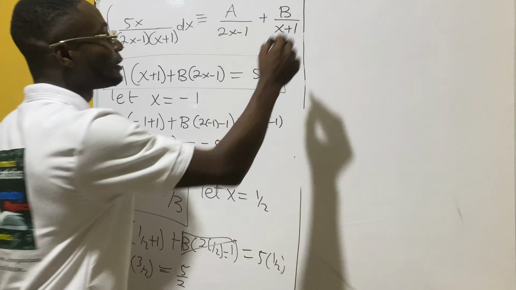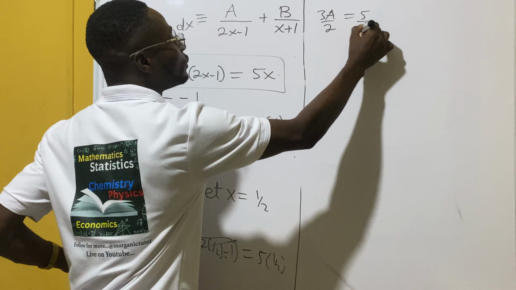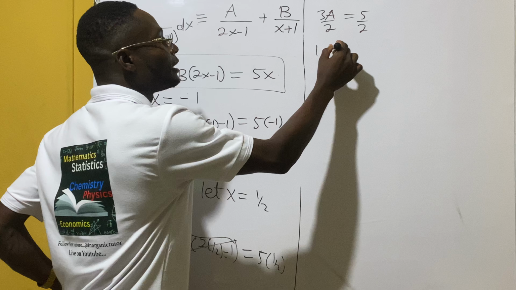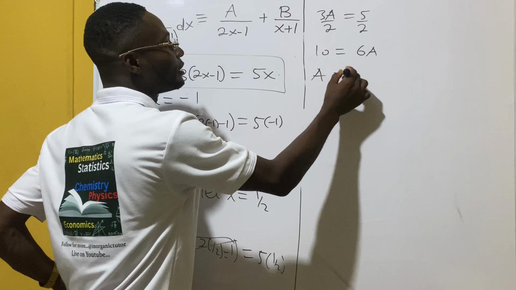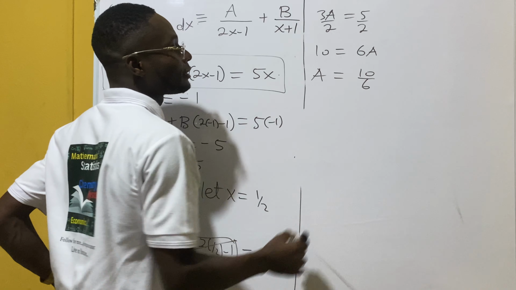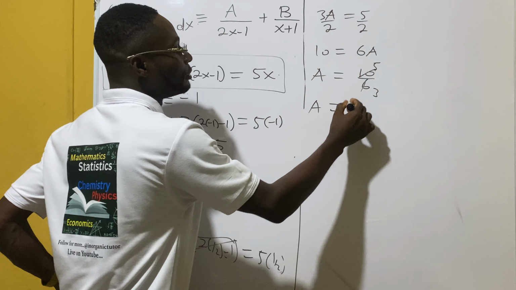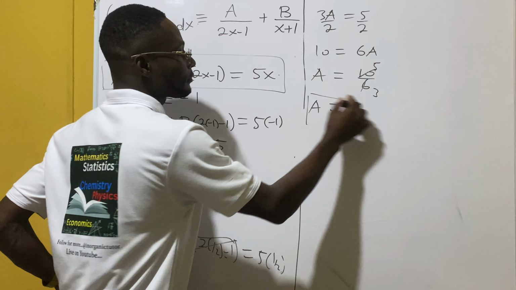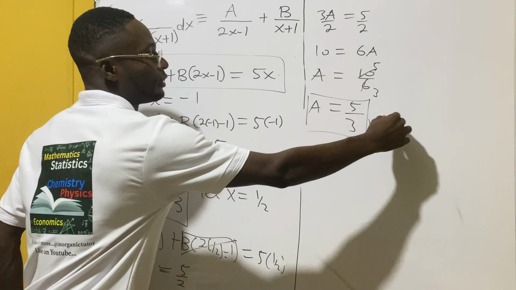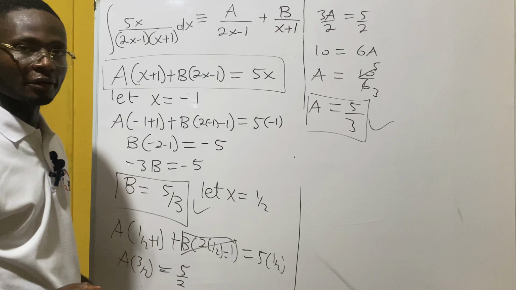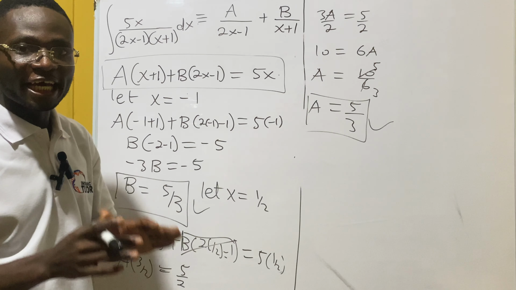So 3A on 2 is equal to 5 on 2, so we have 10 is equal to 6A. So A is equal to 10 on 6, 2 goes here 3, 2 goes here 5, so A is equal to 5 on 3. So now we have the values of A and B.